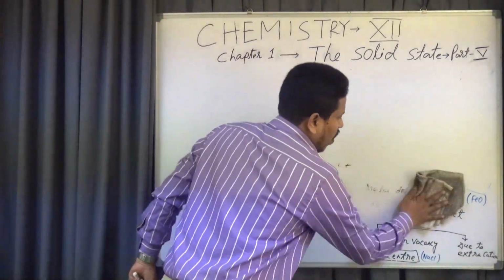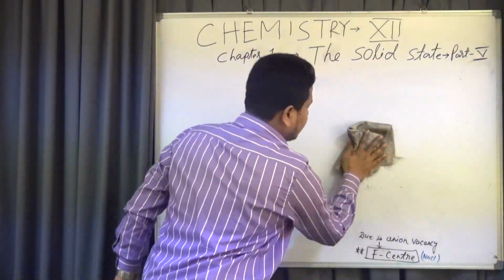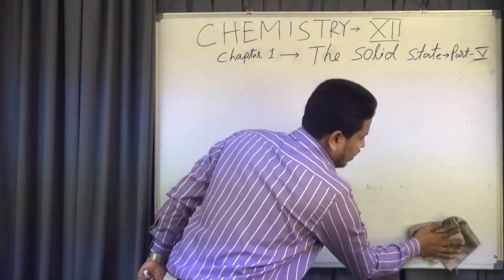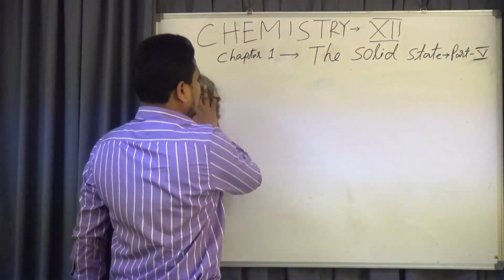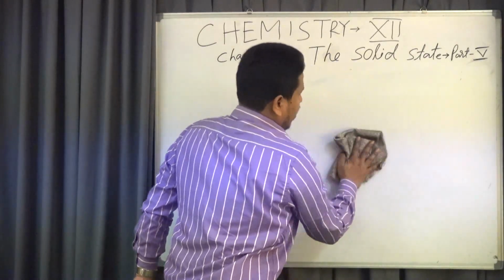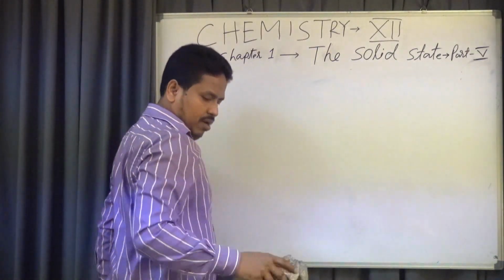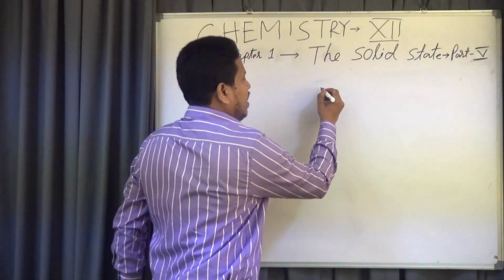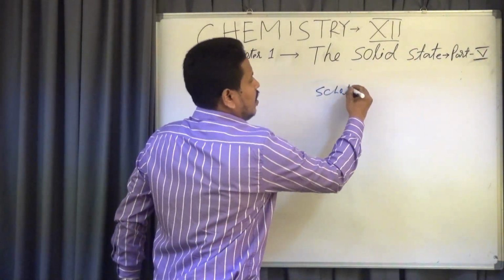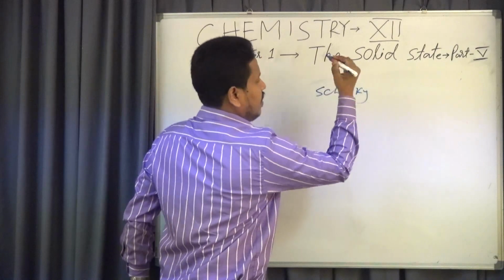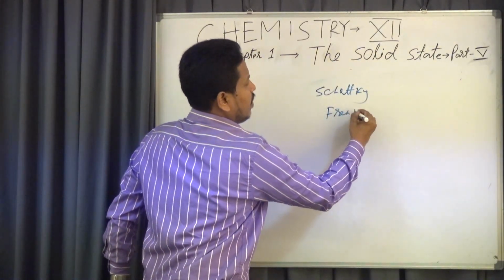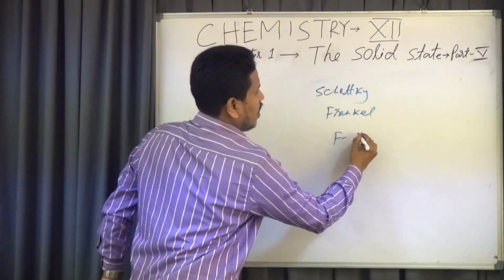So I hope you all understand about various crystal defects, imperfections in the lattice. Out of these, for board exam, you have to give priority to three defects. Very important. Again, I am writing here: Schottky defect, Frenkel defect, F center.